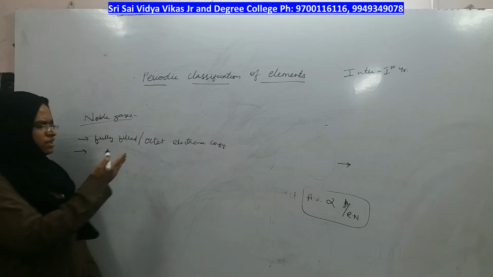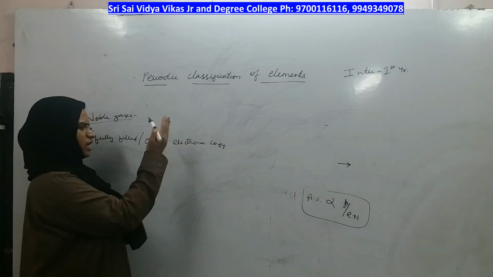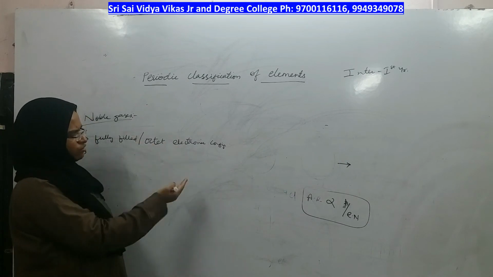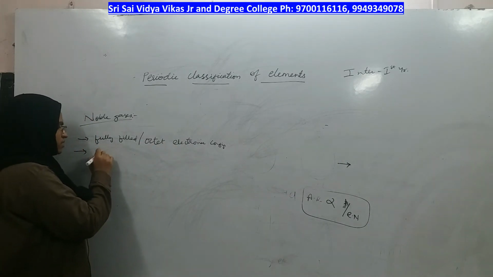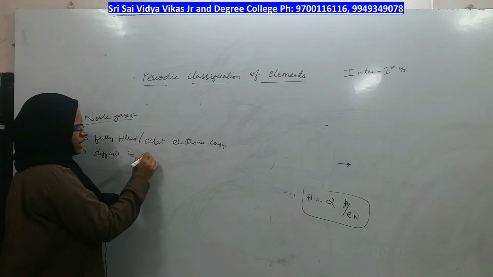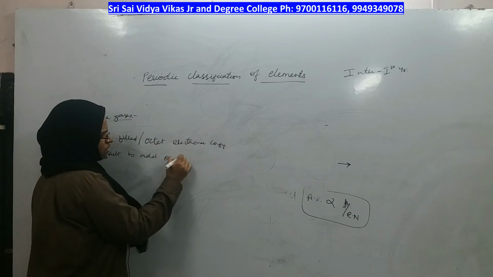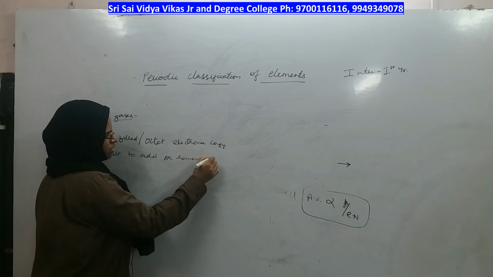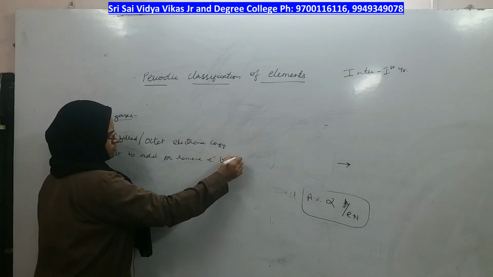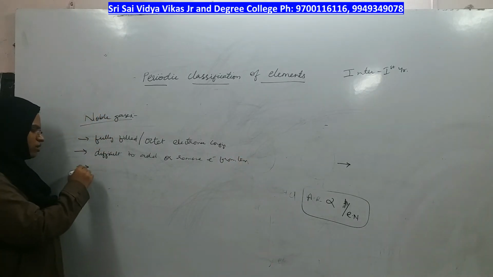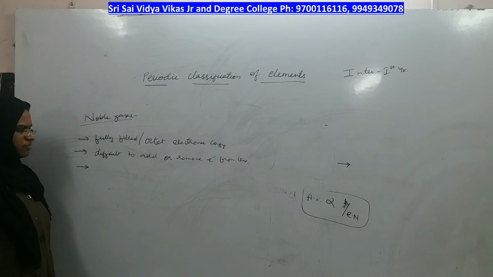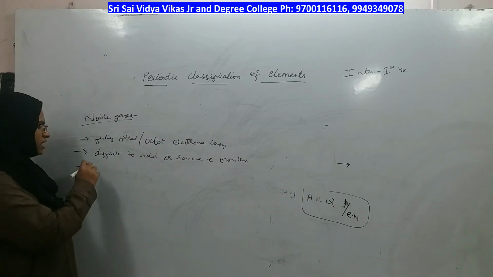There is no possibility to add any electron, and as they are fully filled, removal of an electron is also very difficult. So it is difficult to add or remove electrons from them. That is one more special property of noble gases.